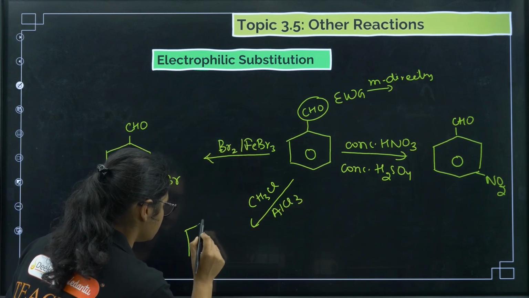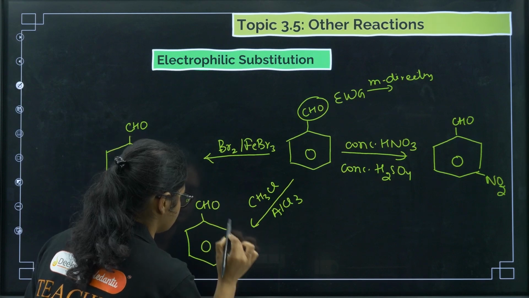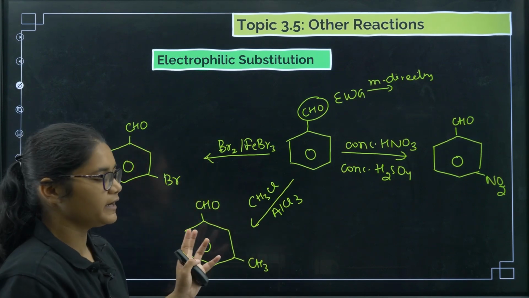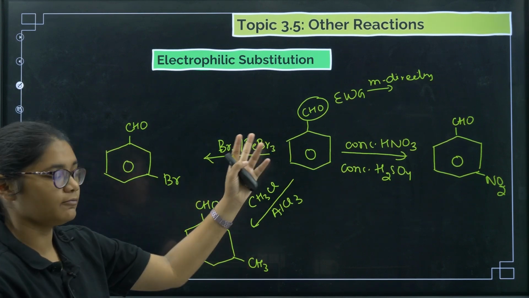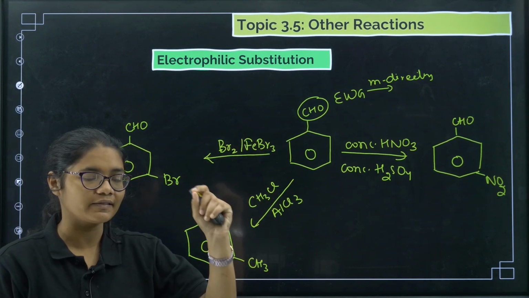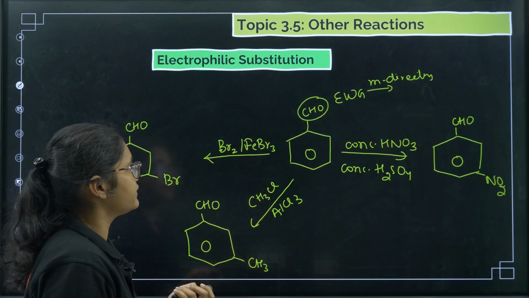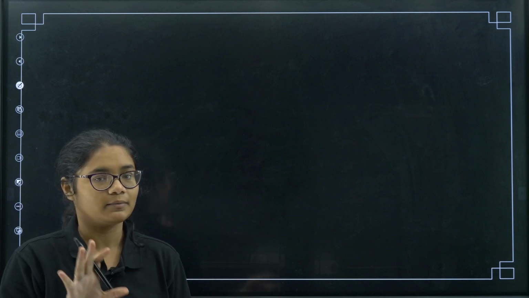So what will this do? This will add a CH3 group in the meta position. Right. So these are the different electrophilic substitution reactions that you can do in the case of benzaldehyde. The thing that you have to remember is it is a meta directing group. Okay.